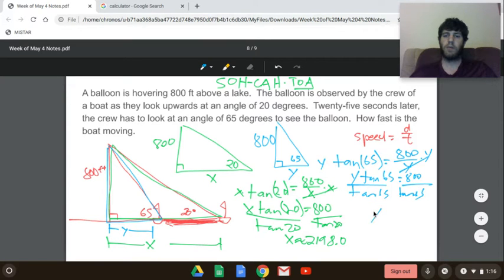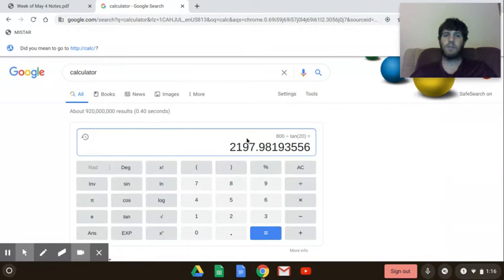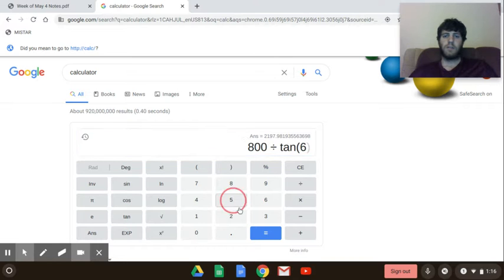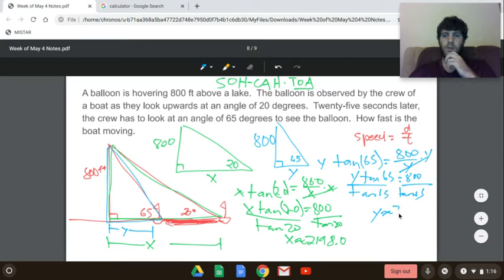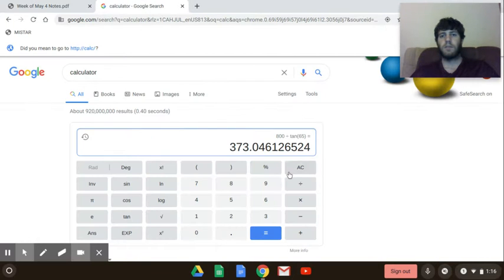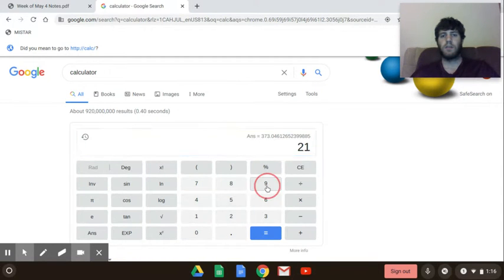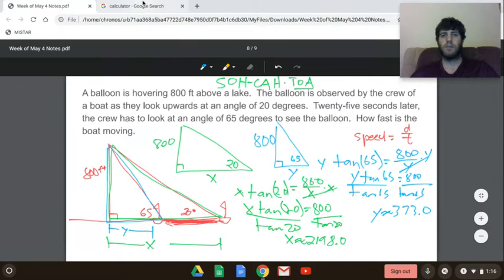Right, and you get y is approximately 800 divided by tangent 65. So 800 divided by tangent of 65, and we're going to get, make sure in degrees, 373.0. So 2198 minus 373.0.